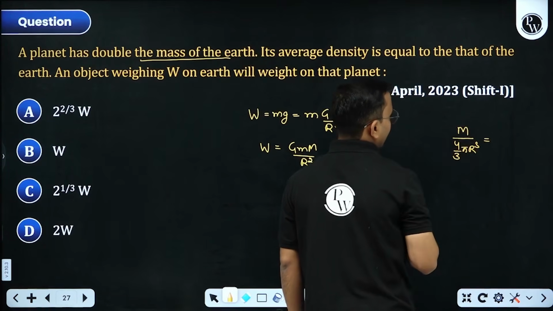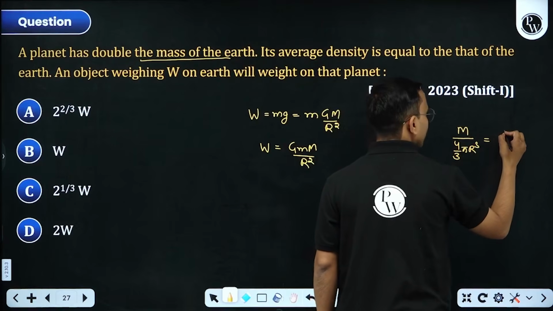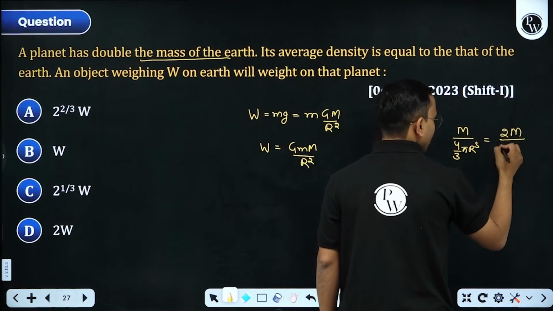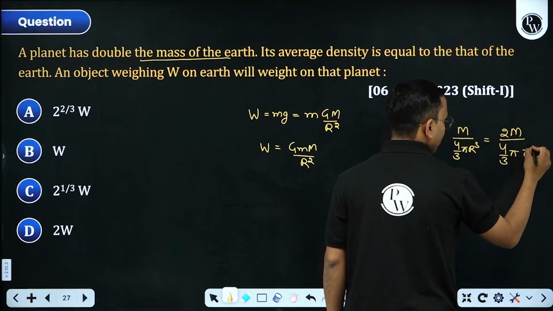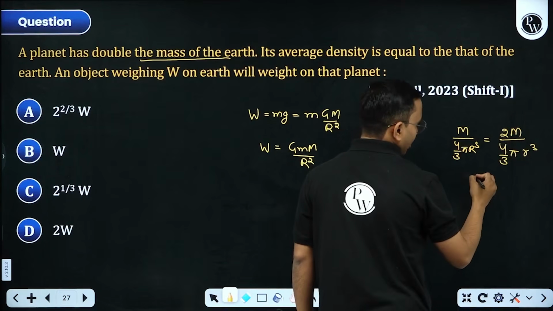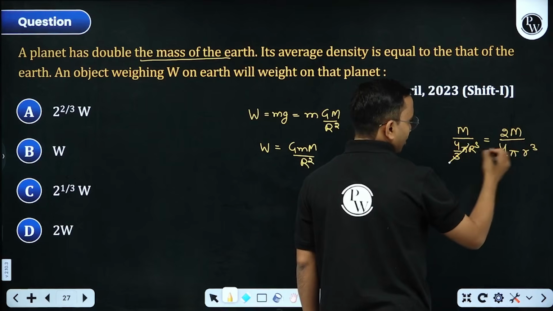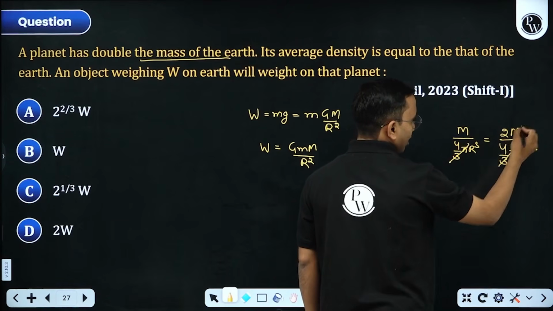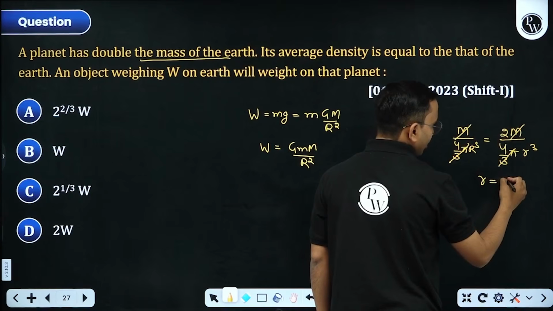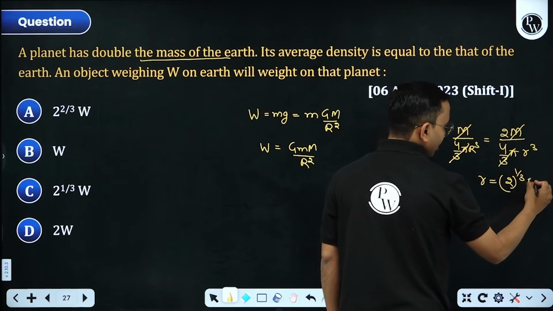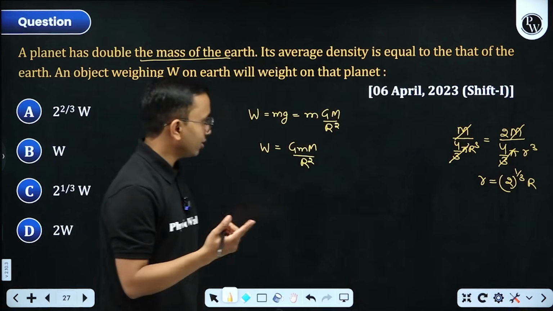Density of that planet, having double the mass of Earth, with radius I don't know, so let us take small r. So from here 4 by 3 pi is getting cancelled and M is getting cancelled. So the radius of that planet comes out to be 2 to the power 1 by 3 times the radius of Earth. Got it?